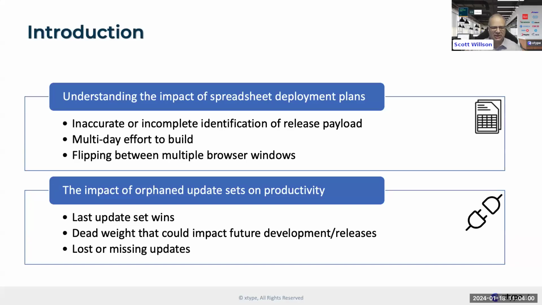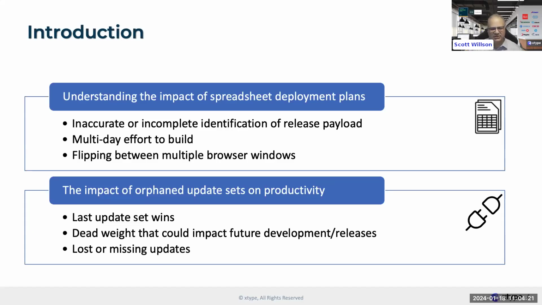So first things first, understanding what the impact of spreadsheet deployment plans are. You're probably all familiar with building your release plans, or actually building the release payload list, in a spreadsheet. That's a very common practice for virtually every ServiceNow customer that we talk to.